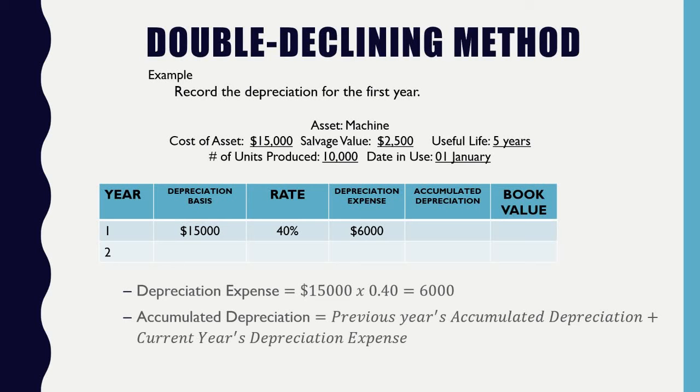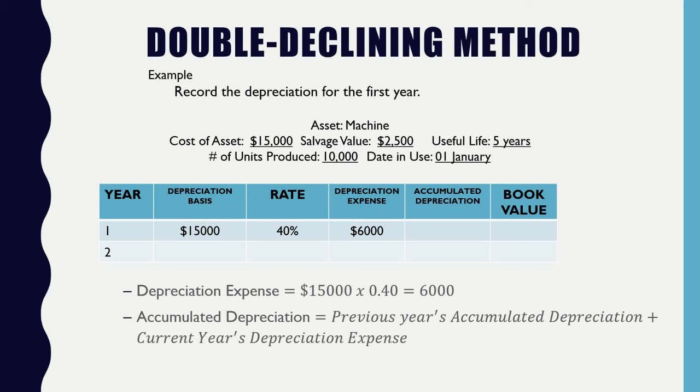Now, what's our accumulated depreciation? It is 6,000. Remember, since this is new, there are no previous years, which is what made me say there's no depreciation in the first year.